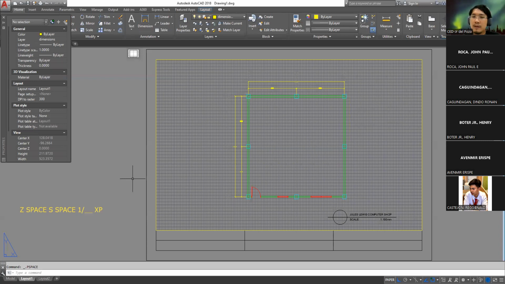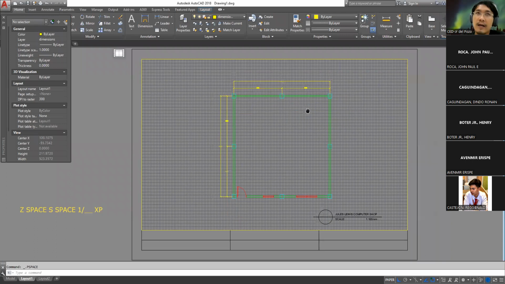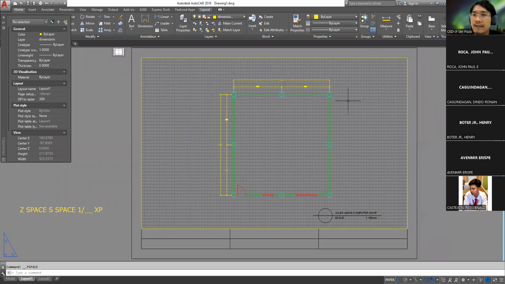So, nahihirapan naman yung estimator na gawin yon kasi sila yung nagko-compute, nag-estimate kung ilang materials ang gagamitin. So, kaya kailangan dapat nasa fixed tayo mga scale like 1:10, 1:100, 1:150, 1:75, 1:50. So doon lang tayo. Huwag na tayo mag 1:68.